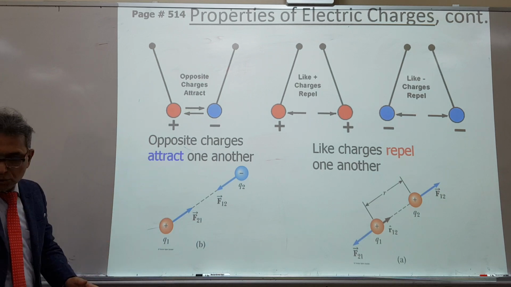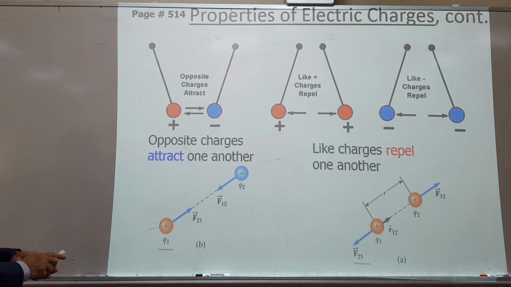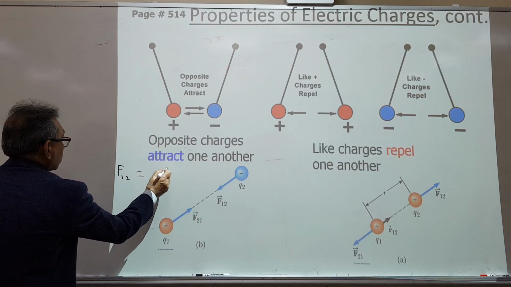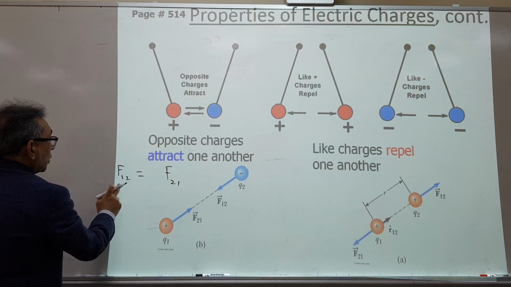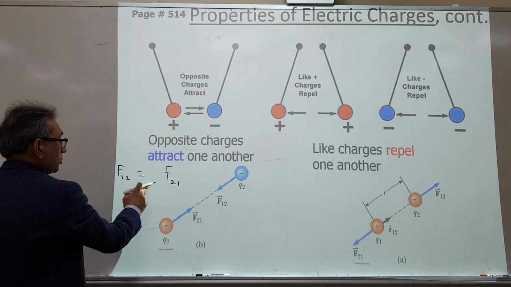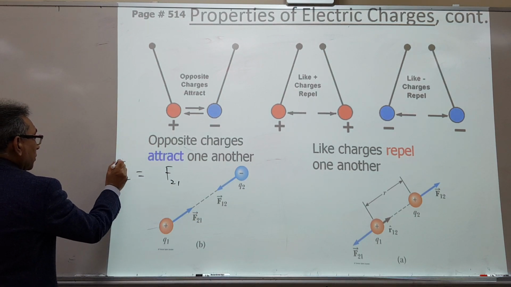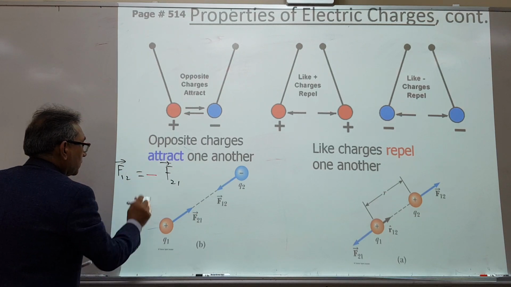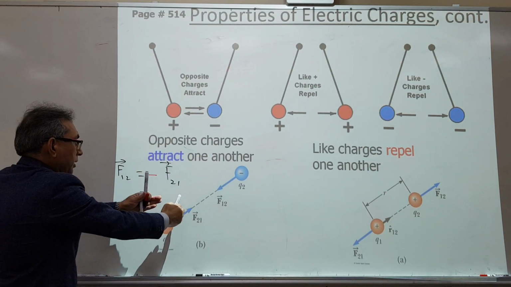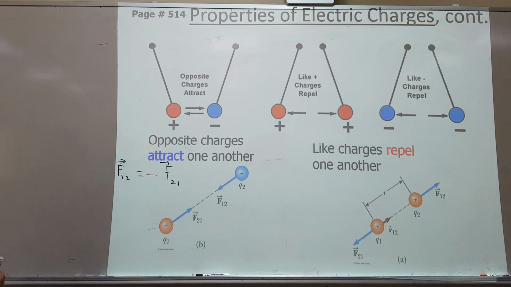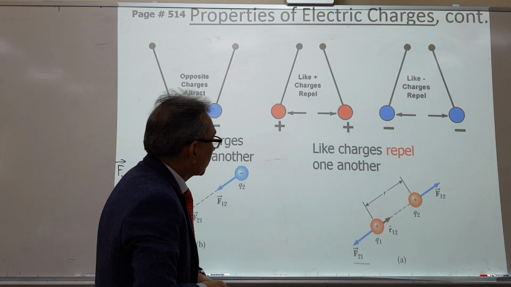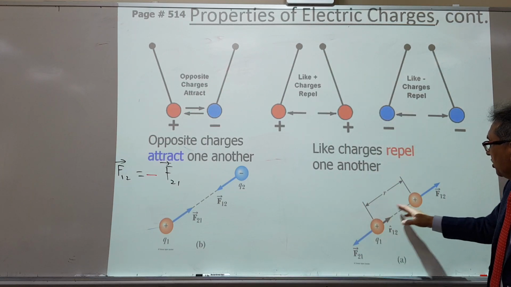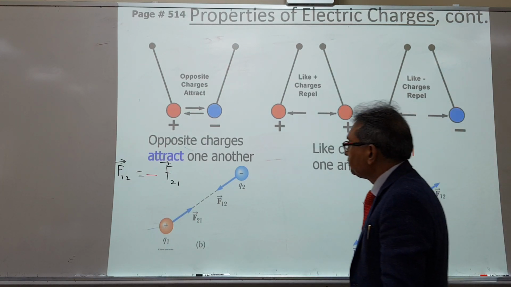The magnitude of that force is the same. The force on 1 due to 2, the force on 2 due to the charge 1. Magnitude is the same, but they are in opposite directions, the negative sign for the opposite directions. So R is the distance between the centers of the two charges.